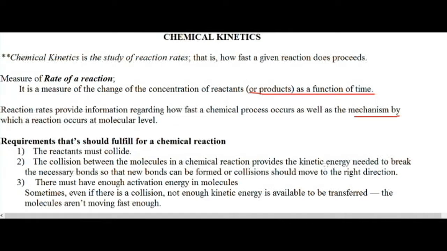The collision between molecules in a chemical reaction provides the kinetic energy needed to break the necessary bonds so that new bonds can be formed, and the collision should be in the right direction, or normally we call it the right orientation.